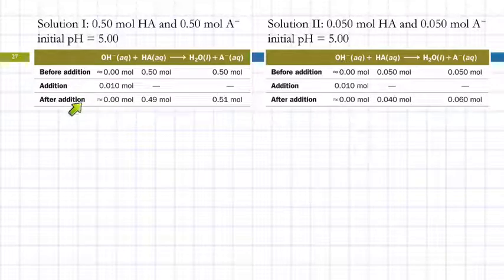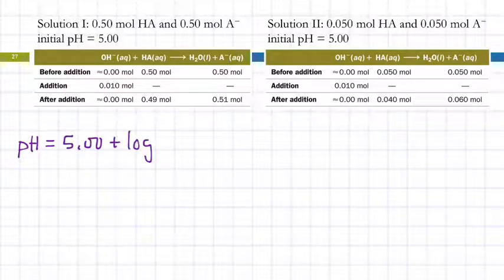So we've got our little addition tables here, starting with 0.5 and 0.5 and adding this. So we're going to end up with 0.49 moles of the acid and 0.51 moles of the base. So we can plug that into our equation. The new pH will equal the pKa plus the log of the ratio base to acid.